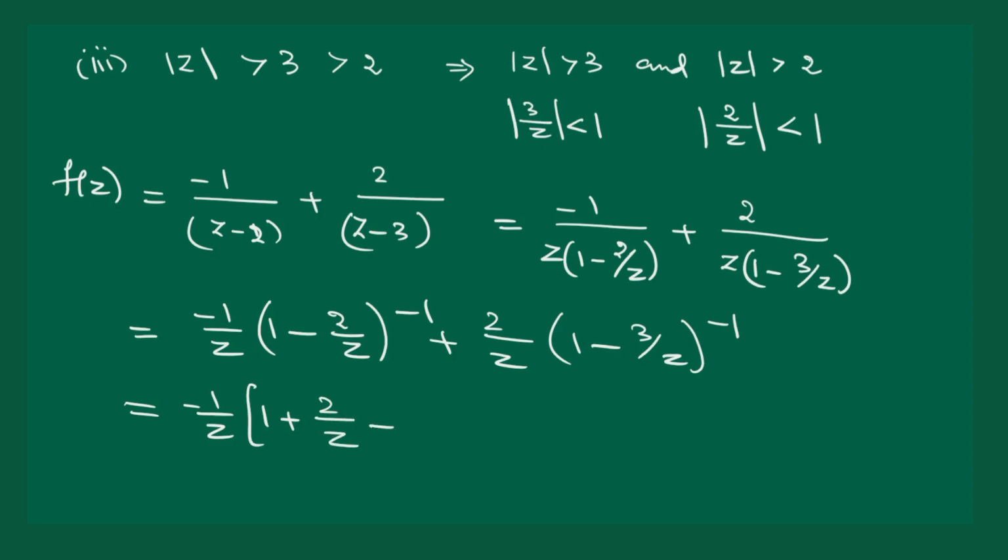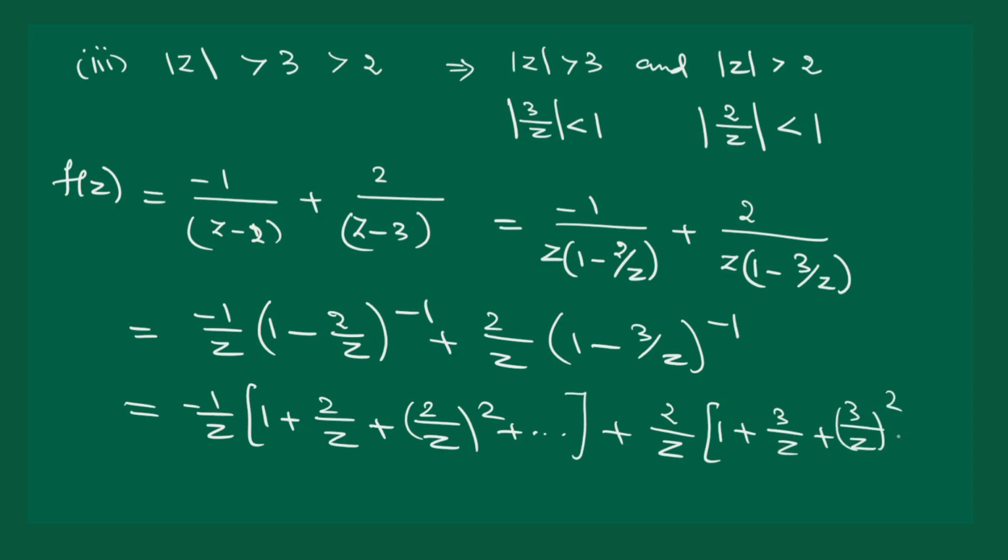So this is 1 plus 2 by z plus 2 by z whole square, it goes on like this, plus again 2 by z into 1 plus 3 by z plus 3 by z whole square, it goes on like this.